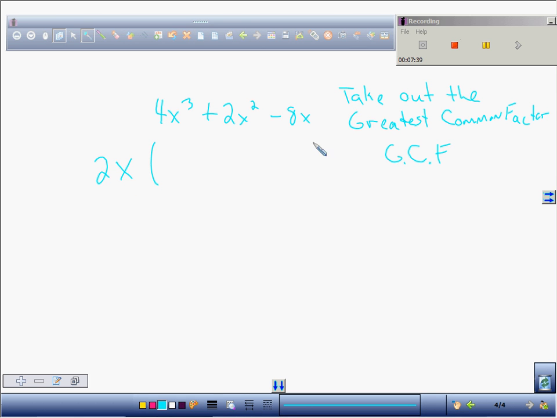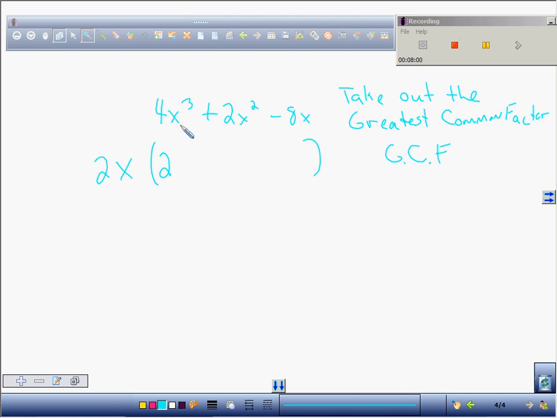So now what I have to do is figure out what I need to multiply this by to get each one of these. So 2x times what will give you 4x cubed? 2 times what gives you 4? 2. And x times what gives you x cubed?